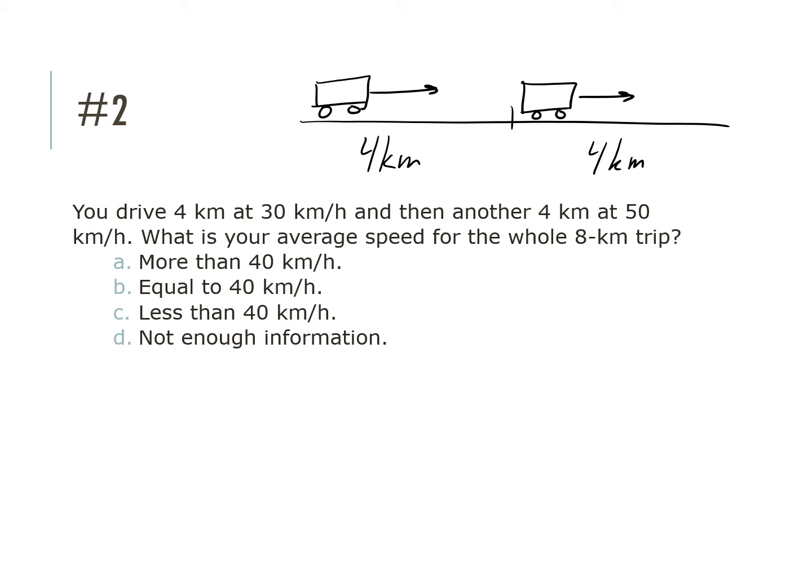For the first portion, we are going at 30 kilometers per hour. In the second portion, we have sped up and now we're going 50 kilometers per hour. In both of these situations, it's the same trip, and we're being asked to find the average speed over the 8-kilometer trip.